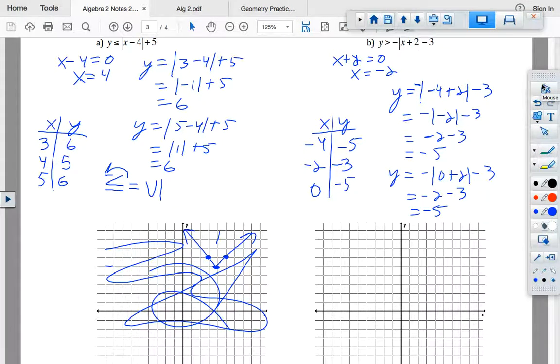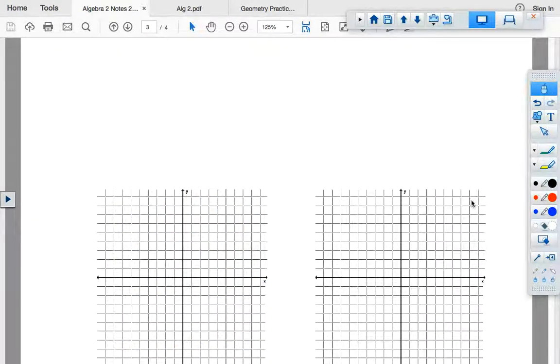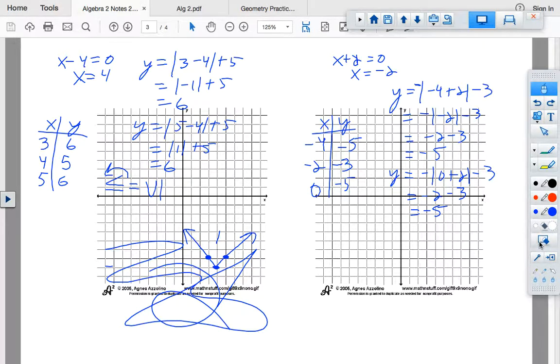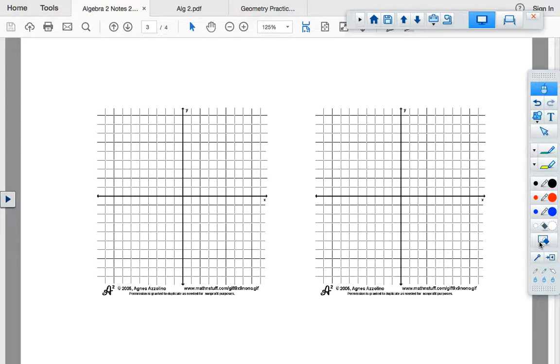So I'm going to erase this. Everybody has this copied down? I have to erase it to graph it. Negative 4, negative 5, negative 2, negative 3, 0, negative 5.